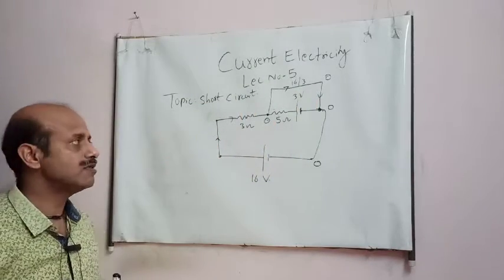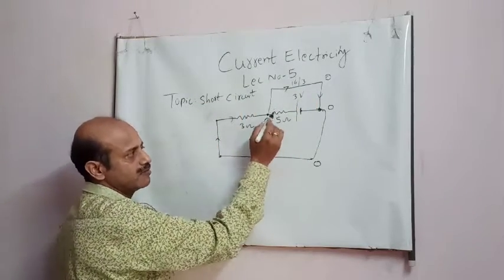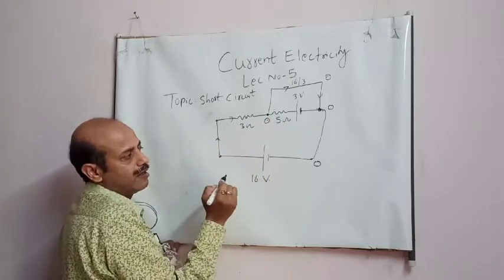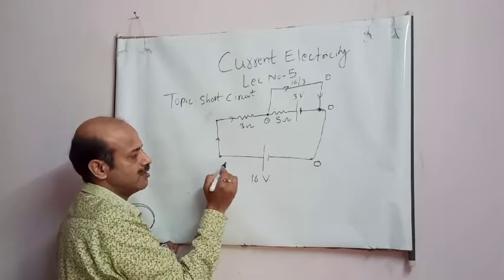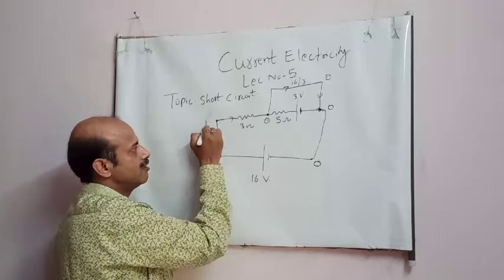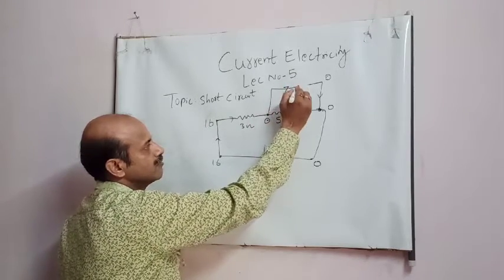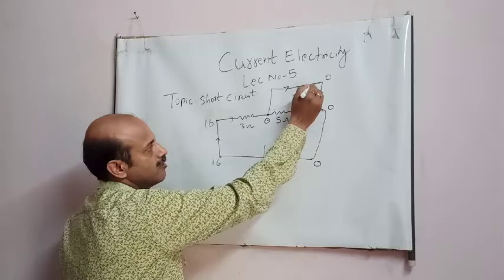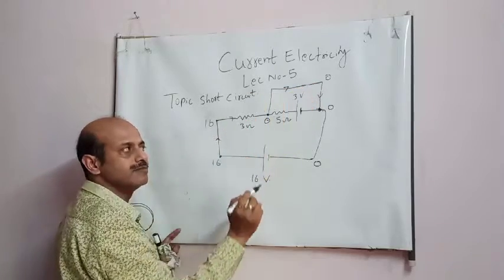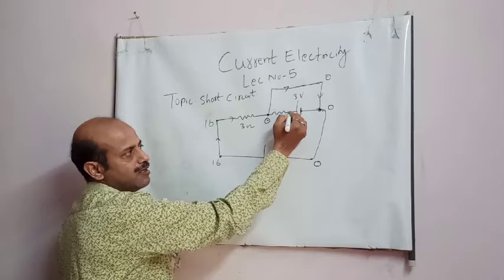Now student, how much is the current through this resistor? Again by nodal analysis, this is 0, this is 16, this is 16. This is shorted, as before. The wire is the same. Now this is 0, then this will become 3.